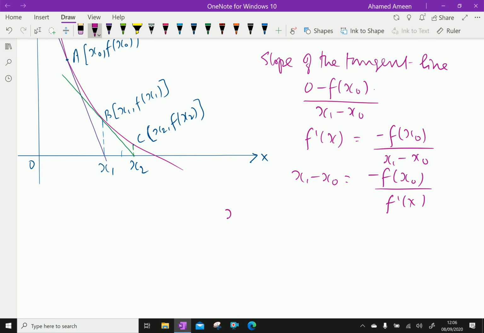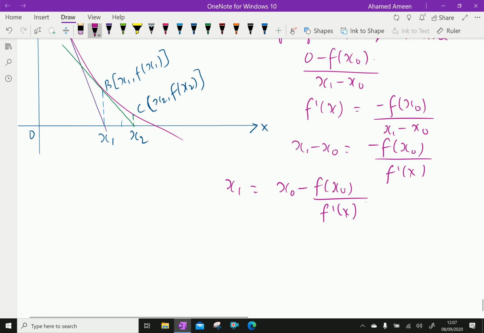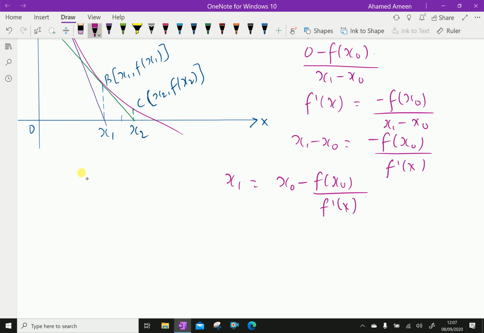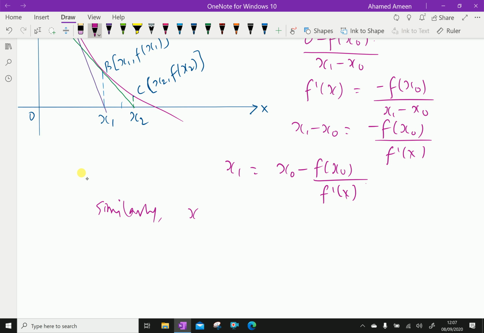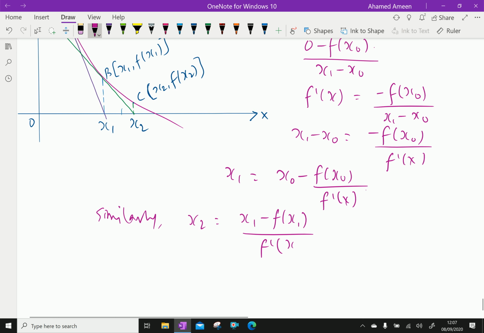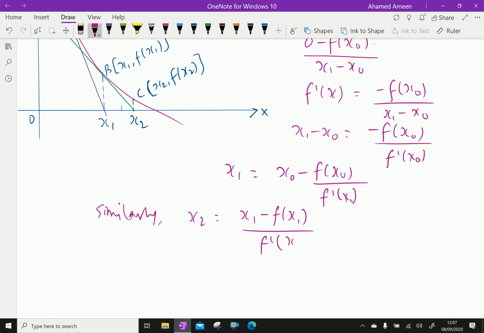Now from that, x1 equals x0 minus f of x0 over f dash of x0. Similarly, the point x2 is x1 minus f of x1 over f dash of x1.